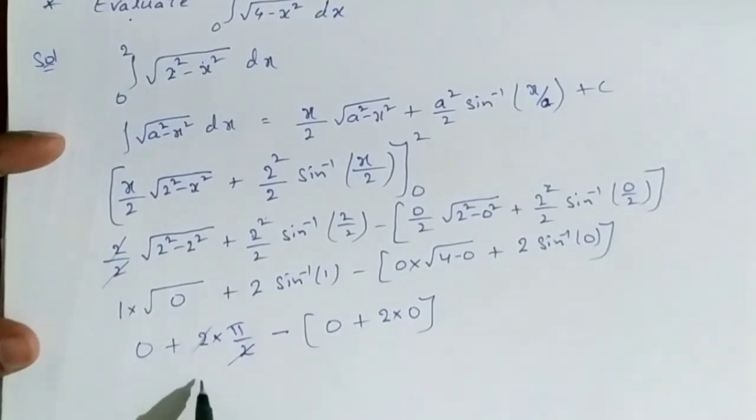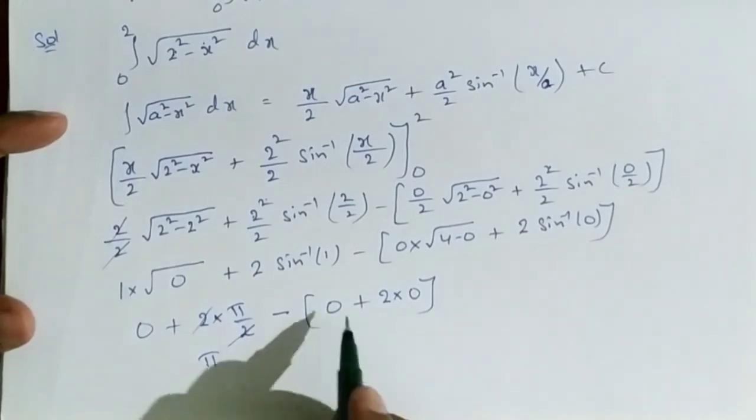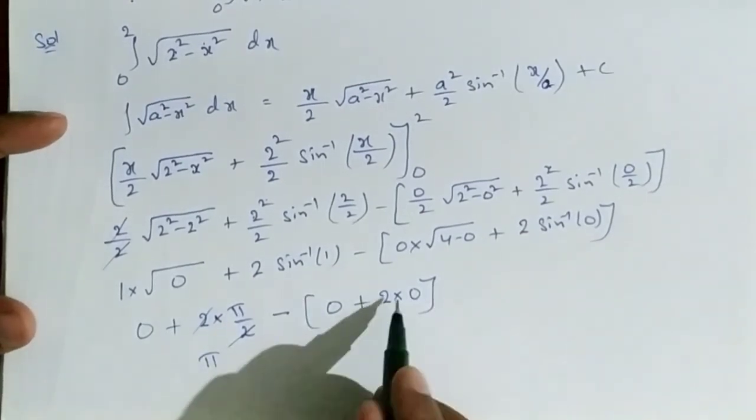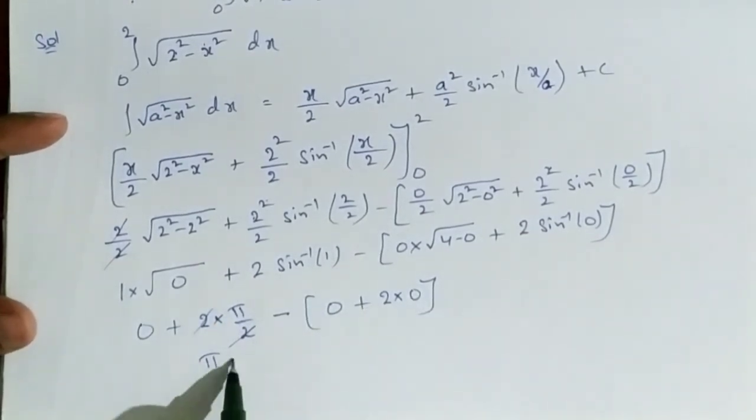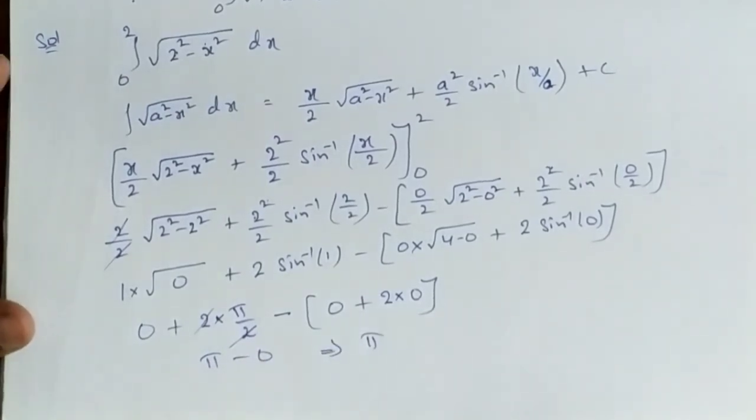Here 2 gets cancelled, pi, and 2 into 0 is 0. So finally the answer is pi.